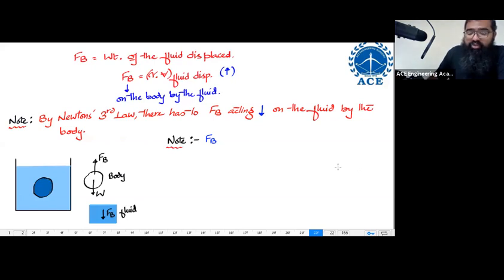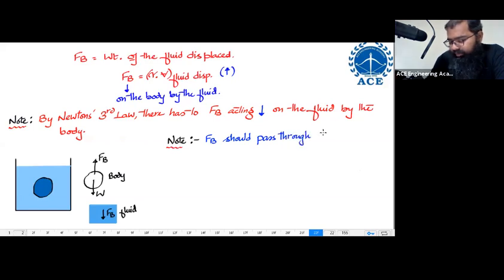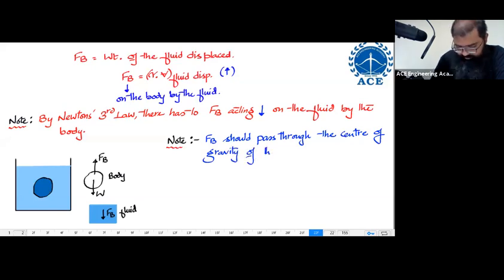Therefore, this FB should pass through the center of gravity of the fluid displaced.